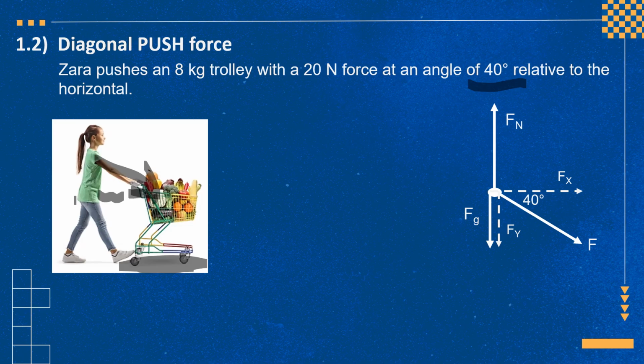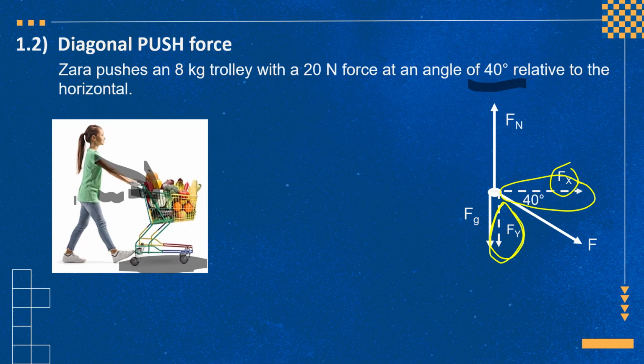Because it's a diagonal force, there will be an x component, which represents the forward motion effect on the trolley. And again, we have this downwards component pushing the trolley deeper into the surface.